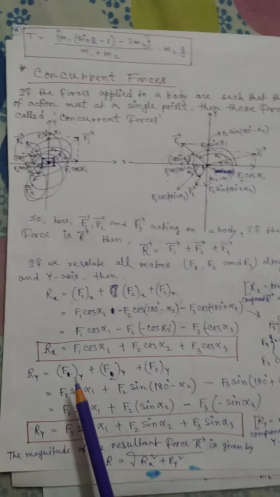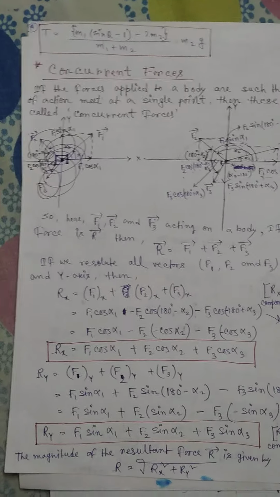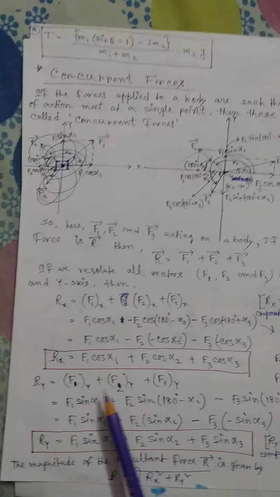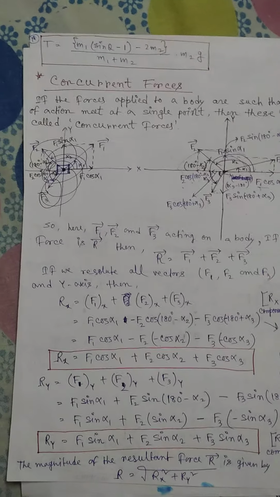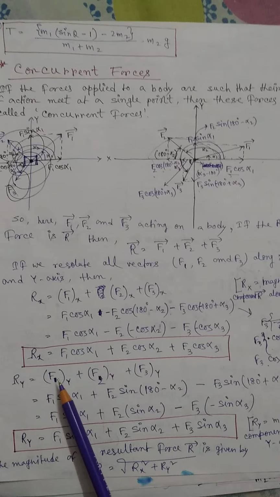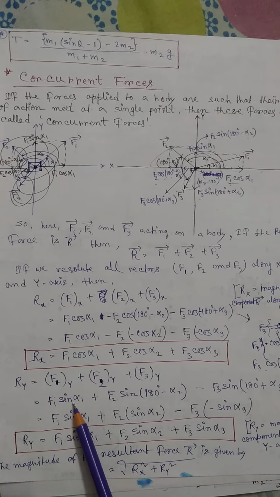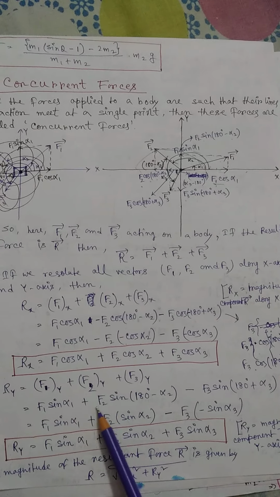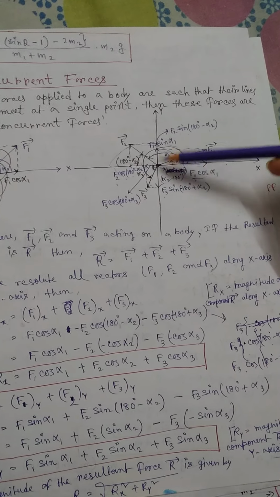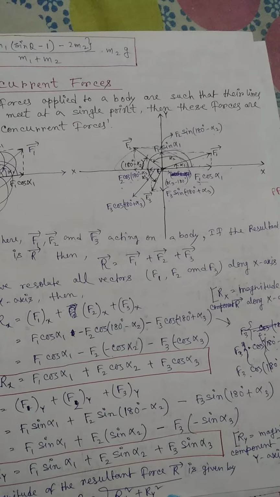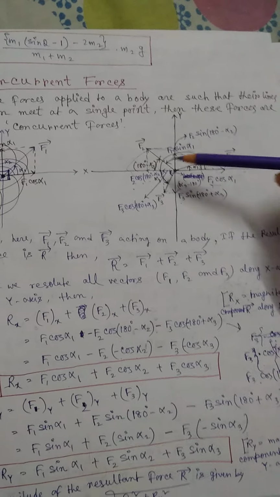Now what about Ry? Ry is the resultant vector along y-axis, which equals the sum of all the components of these vectors along y-axis. So what about F1y? F1 sin alpha 1 is along positive y-axis, so this is positive.